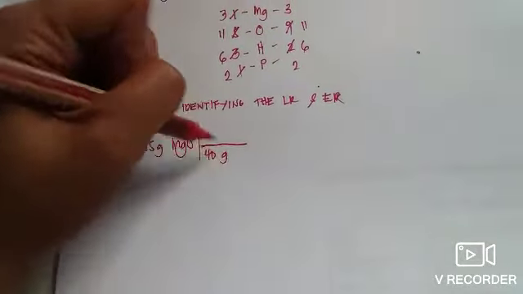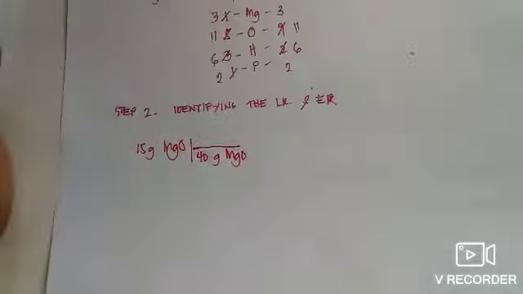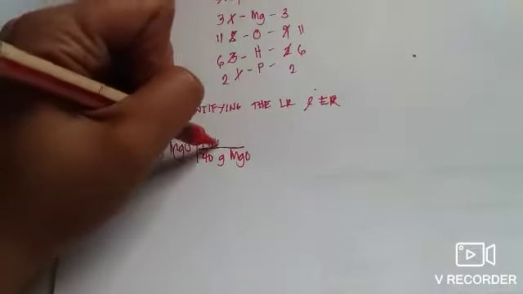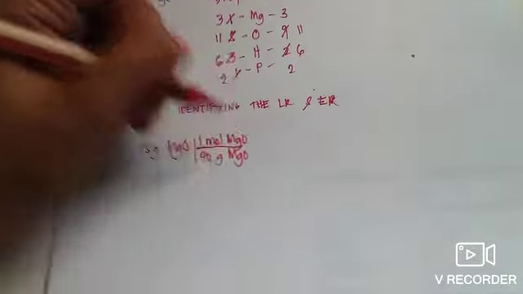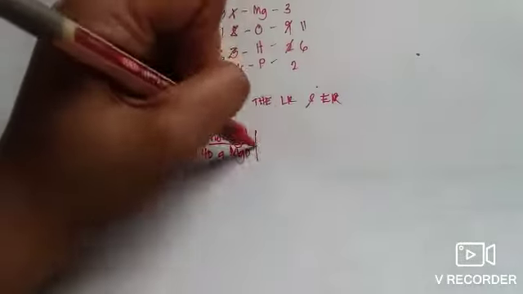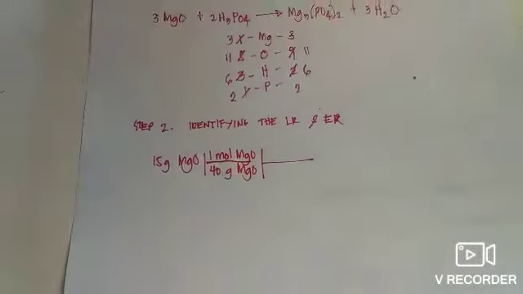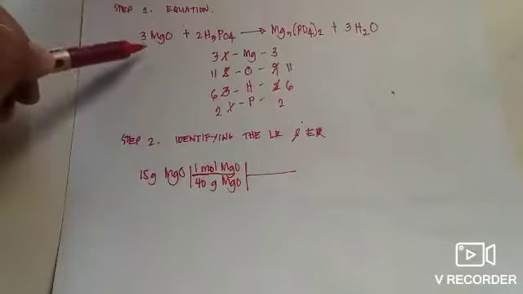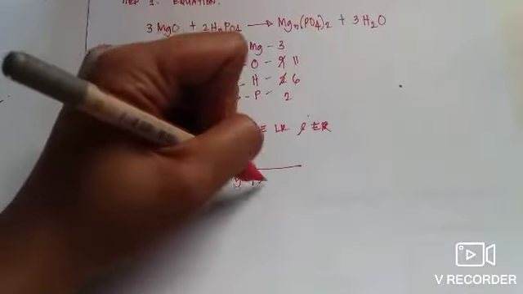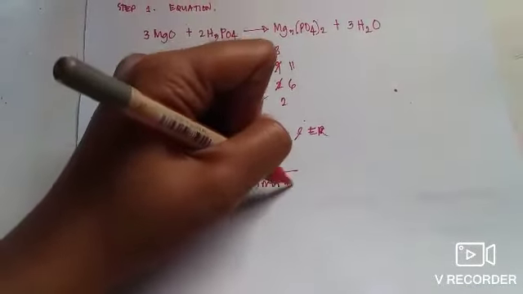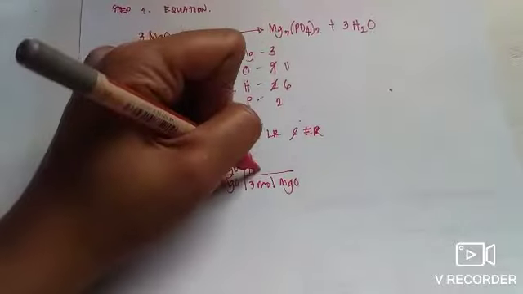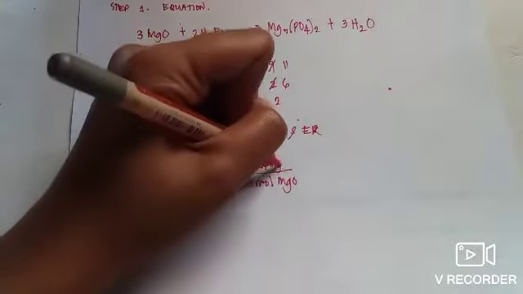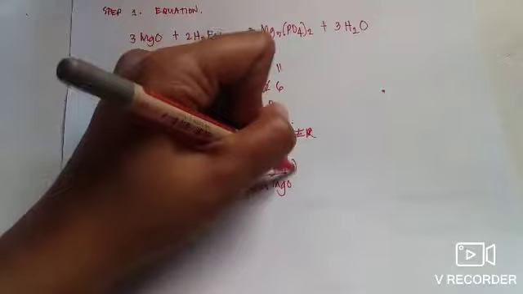Stoichiometry again: 40 grams of MgO is the molar mass, to 1 mole of MgO. In the equation, you have 3 moles of MgO to 1 mole of Mg3(PO4)2.